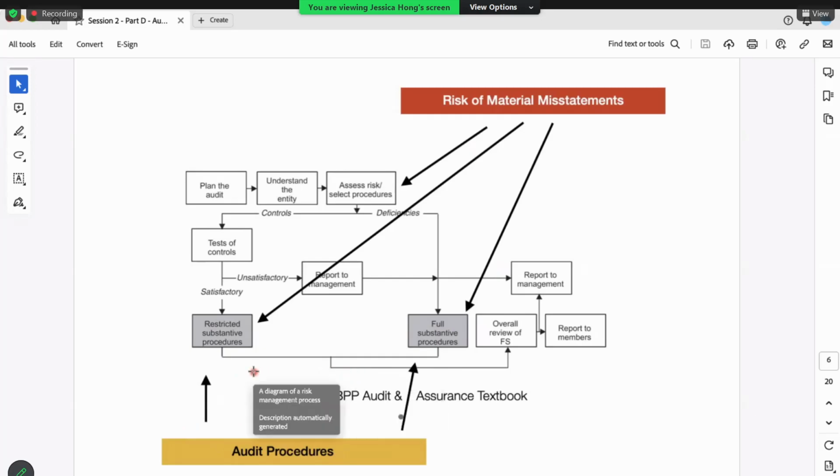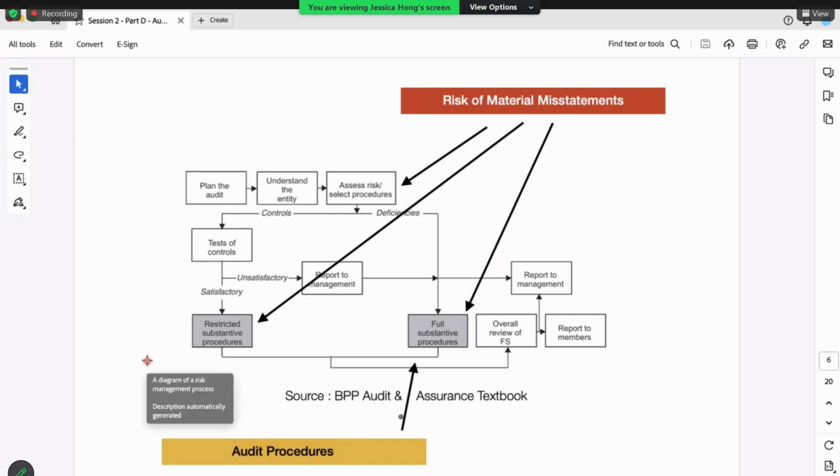Okay, I know that many firms have e-audit, and with e-audit, not only do they generate their audit working papers, e-audit also comes with a library full of audit procedures. So during your audit planning, you input into your audit system, and then the audit system will generate the audit procedures.